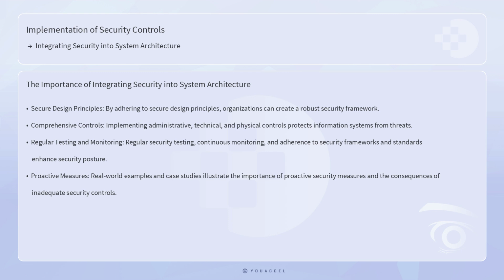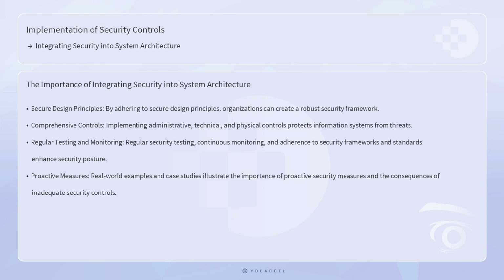In conclusion, integrating security into system architecture is essential for implementing effective security controls and protecting information systems from threats. By adhering to secure design principles, conducting thorough risk assessments, and implementing administrative, technical, and physical controls, organizations can create a robust security framework.